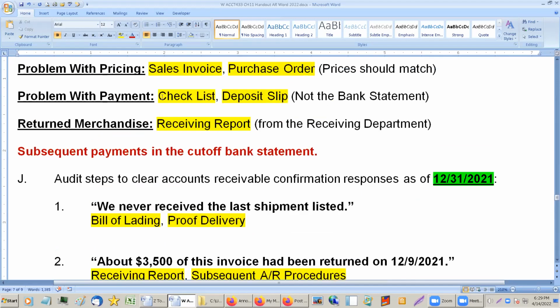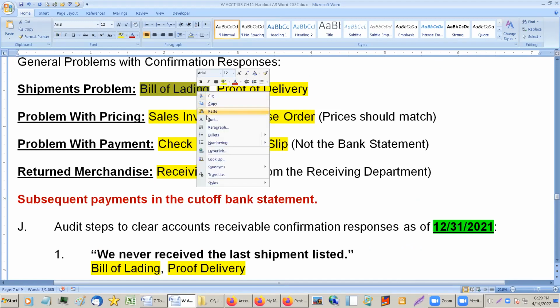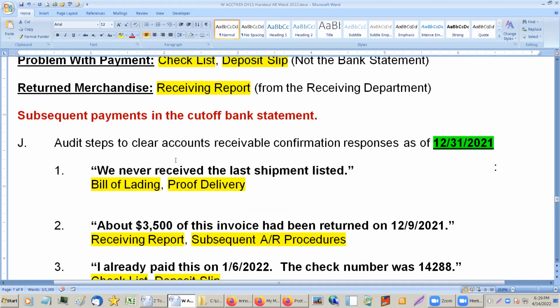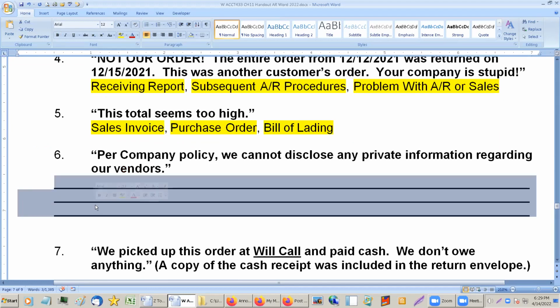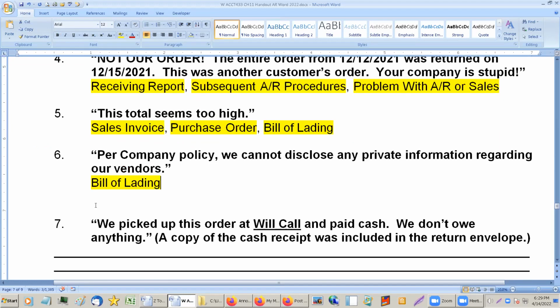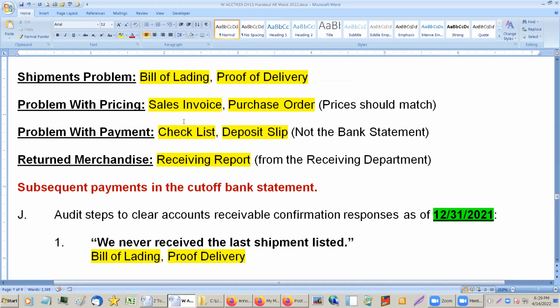Yeah, certainly go to the bill of lading and probably match it up with the purchase order and the invoice. And by the way, in the U.S. standards are that we have to send out accounts receivable confirmations, but international standards don't.